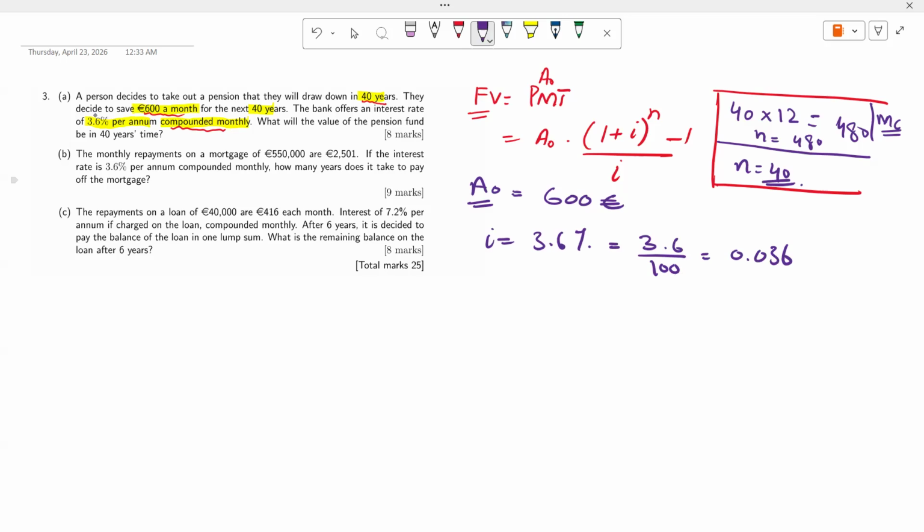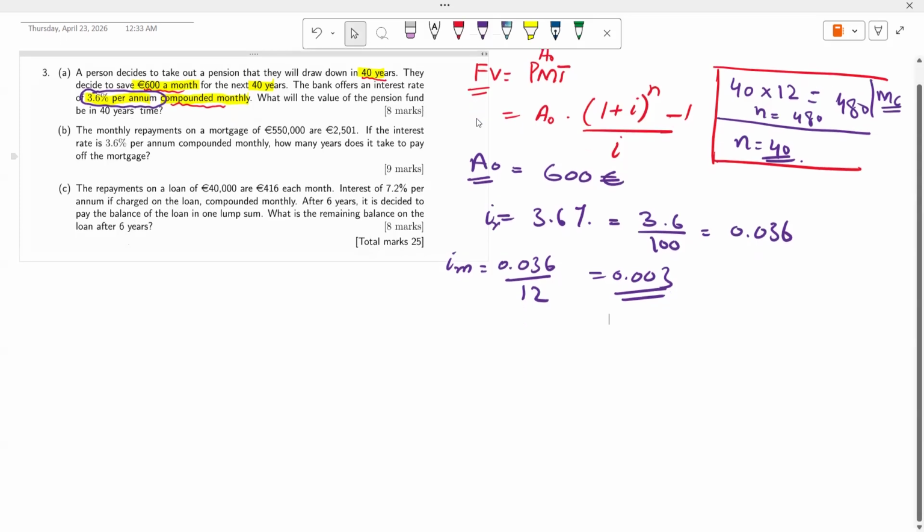But this rate is per annum, so you need to convert it into months. This is the yearly I and you need the monthly. So the monthly I would be 0.036 divided by 12, which gives you 0.003. So this is your I, this is your A naught, and this is your n.